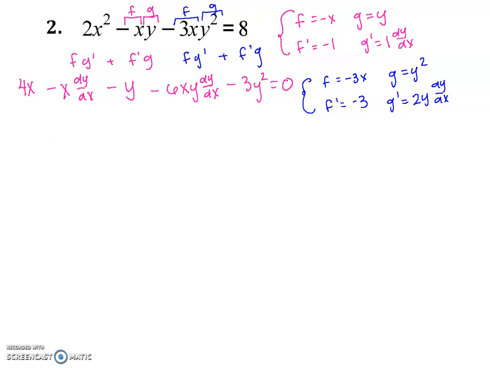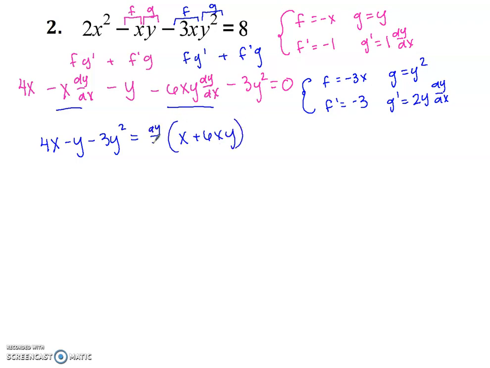And then from here, I'm going to move all my dy/dx's to one side and everything else to the other side. So since both of my dy/dx's are negative, I'm going to go ahead and move them to the right. So I'm going to leave the 4x, the minus y, the minus 3y squared. I'm going to move both of these over, so that will make it x and a plus 6xy.